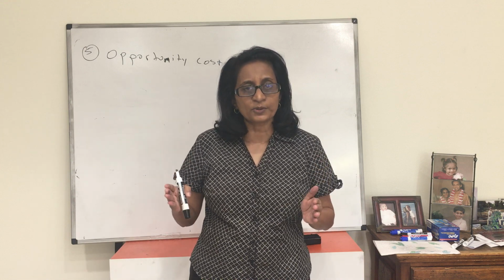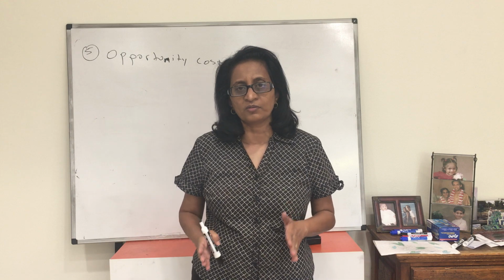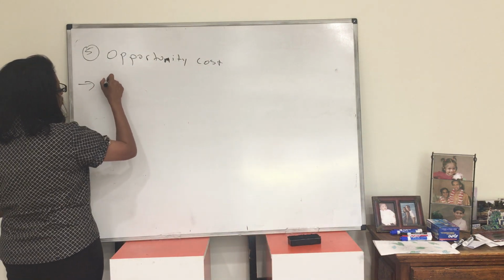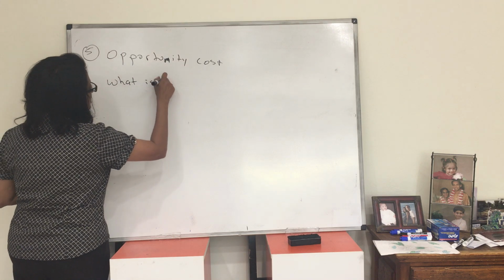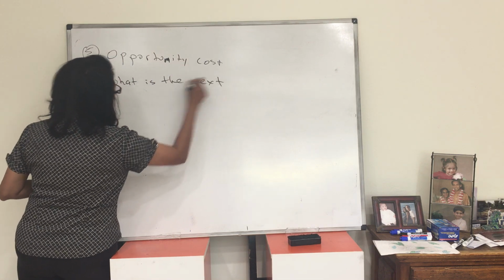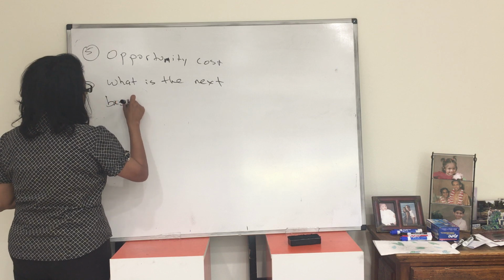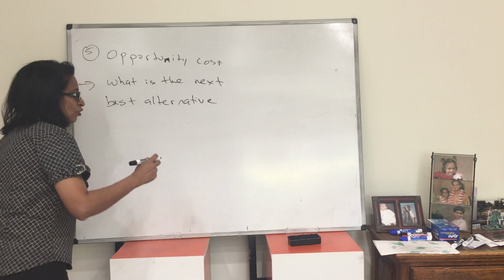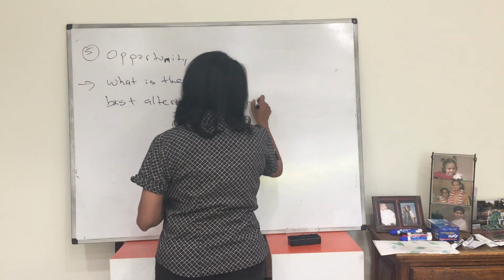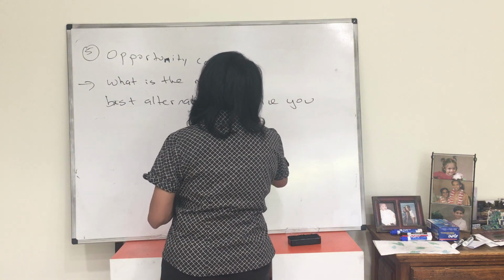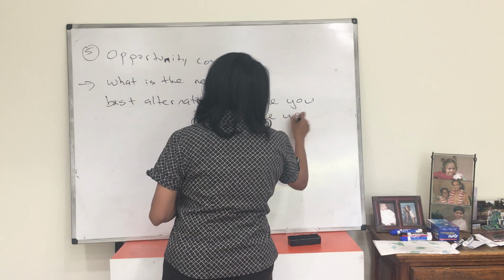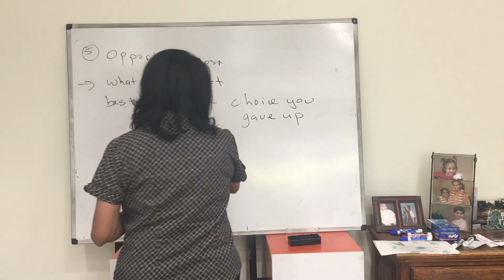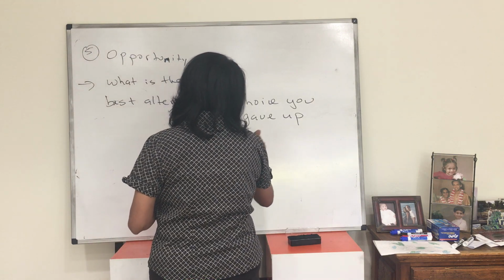And why is there always opportunity cost? Because there's always scarcity of resources. So the way we think of opportunity cost is, what is the next best alternative choice you gave up to make the choice at hand?